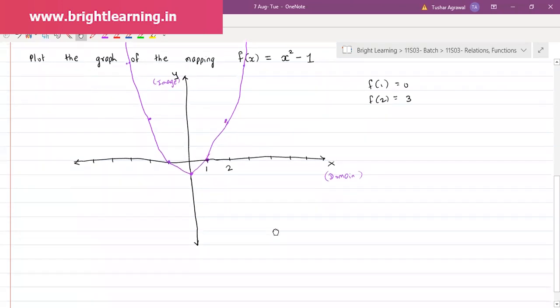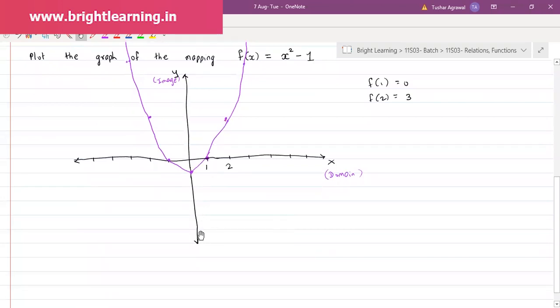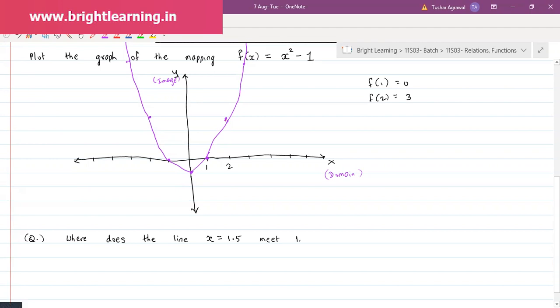In this example only, if I tell you, the question is: where does the line x is equal to 1.5 meet the graph of f of x is equal to x square minus 1?